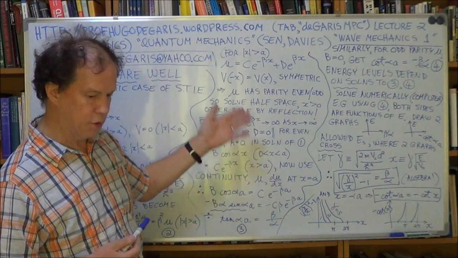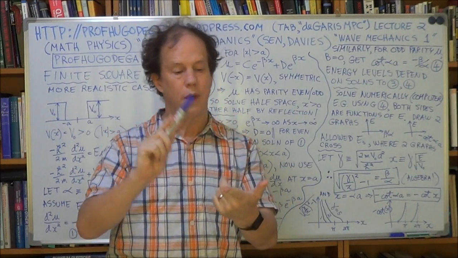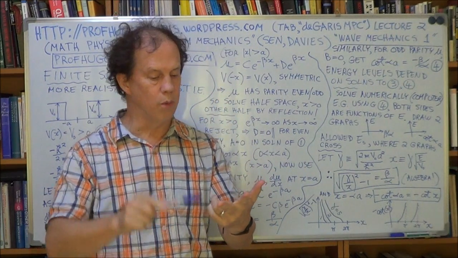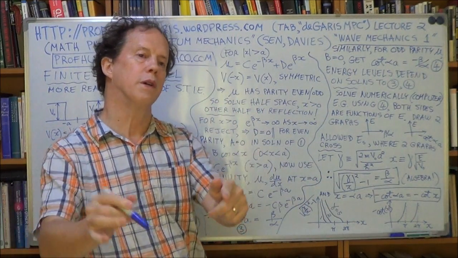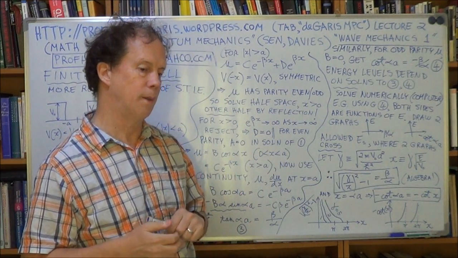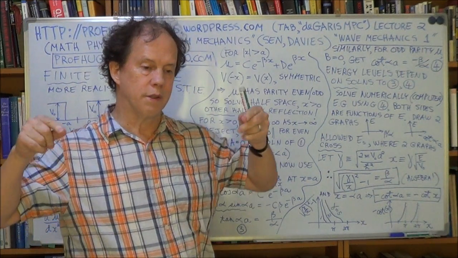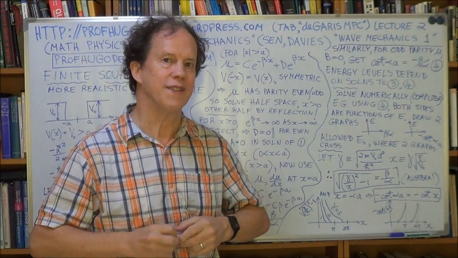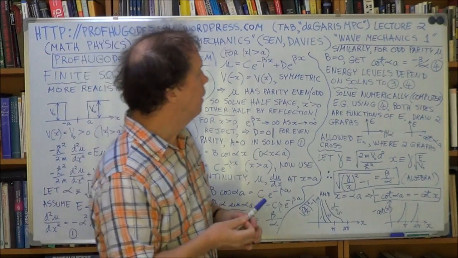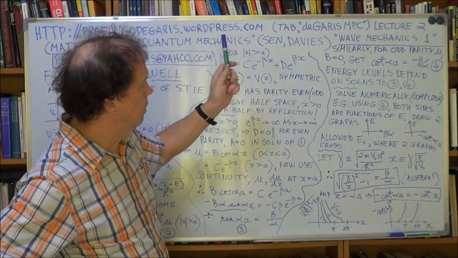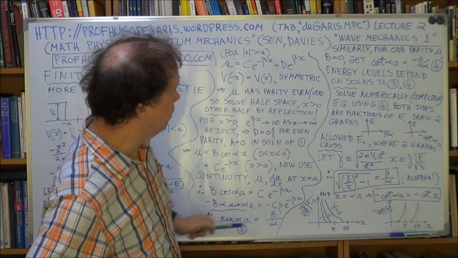These constraints on your wave function, single valued, normalizable, and all those conditions, to a large extent force the discretization, the quantization of the energy. So we've got these two equations we can solve.